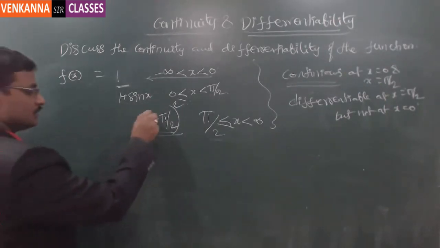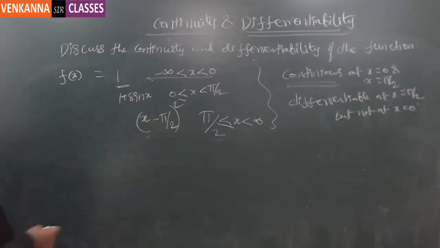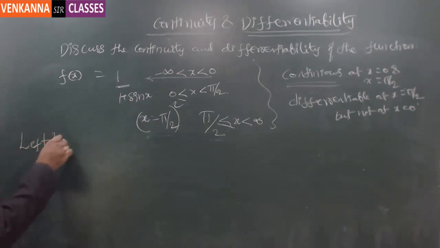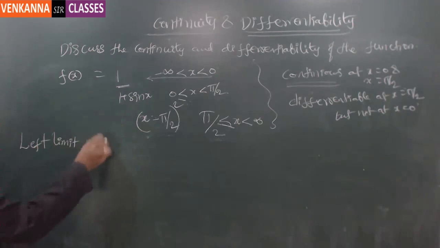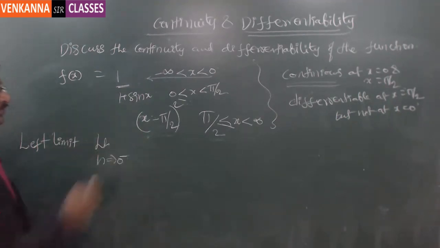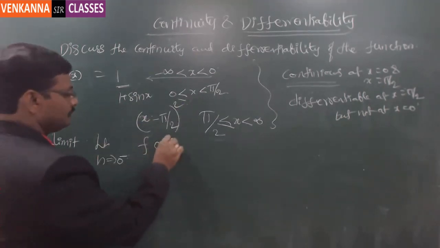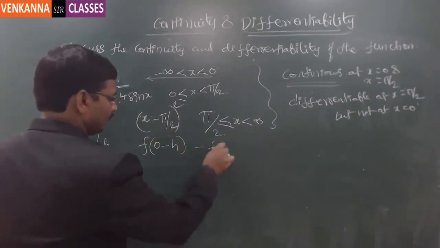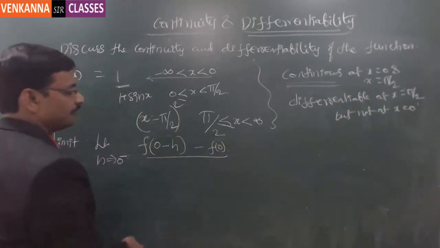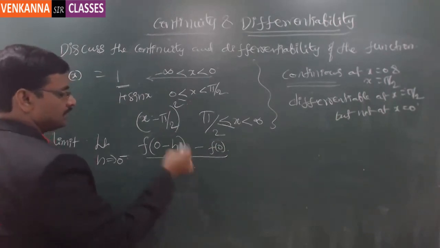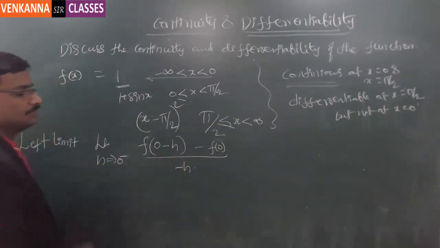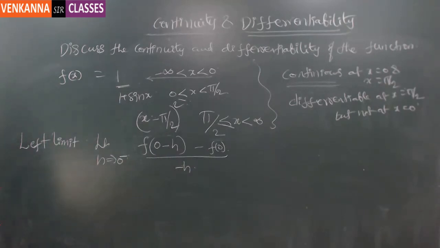Now the left limit, at x is equal to 0 we are trying to test it: limit h tends to 0 minus, f of 0 minus h minus f of 0, divided by minus h. Got it? This is the differentiability test.